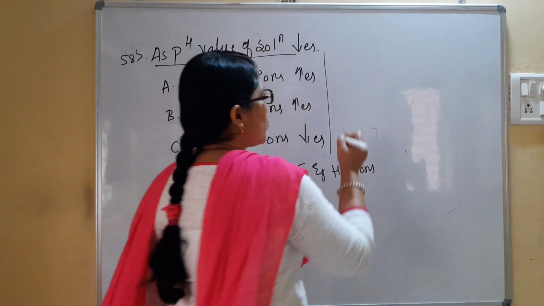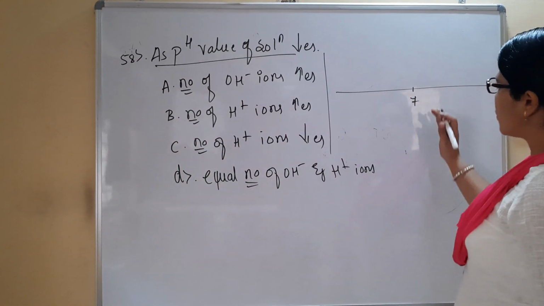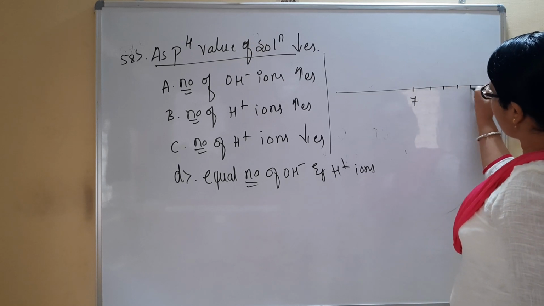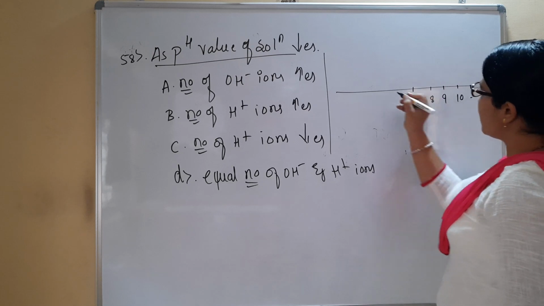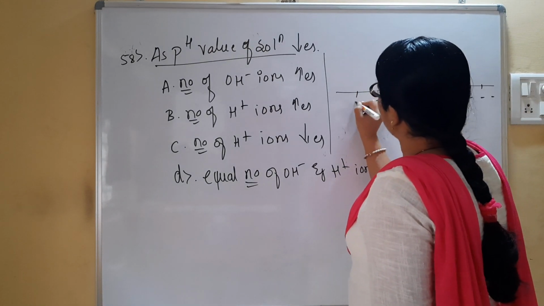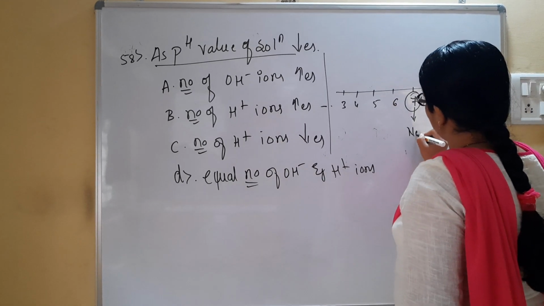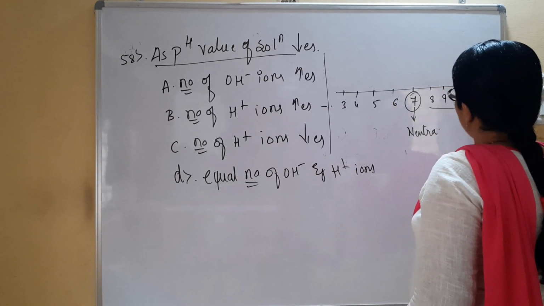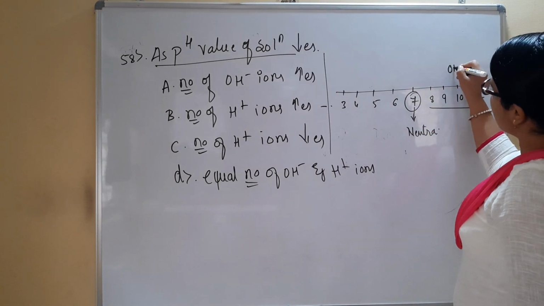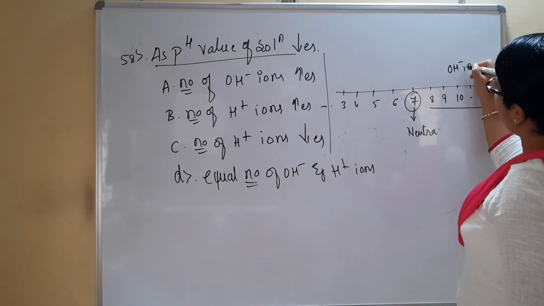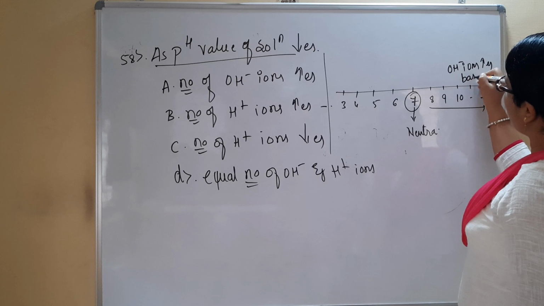So when you consider the pH scale, in the middle I have pH value 7. Here, if you go on taking the positive values, they become 8, 9, 10 and so on; it increases. Here it goes 6, 5, 4, 3 and so on. This is, as we all know, neutral. As the number increases on this side, OH minus ions are increasing and the solution is becoming basic.